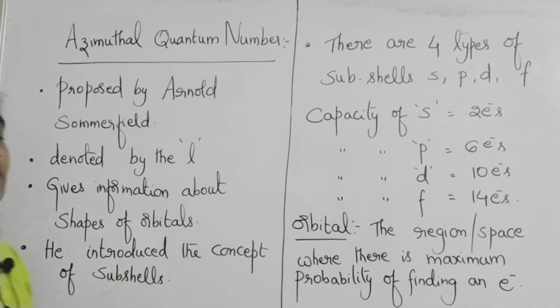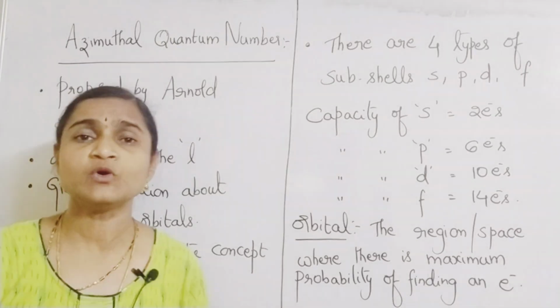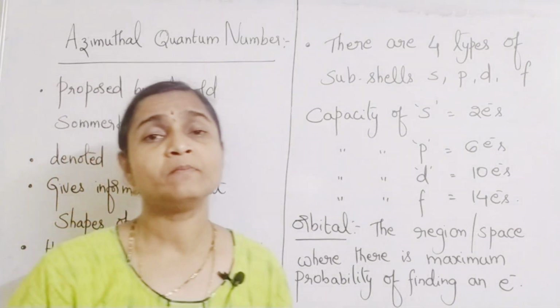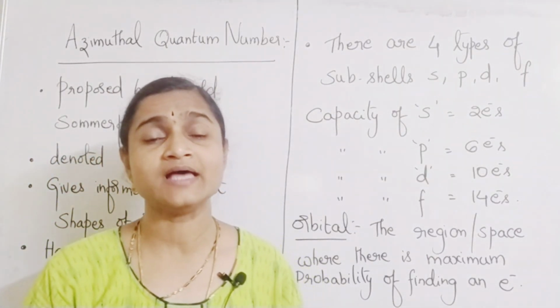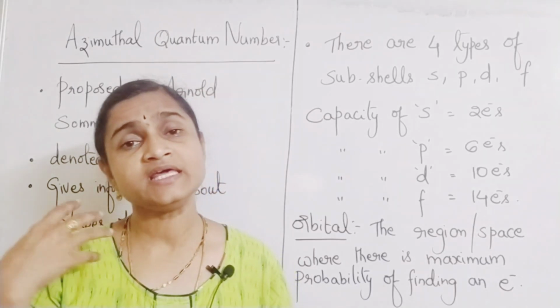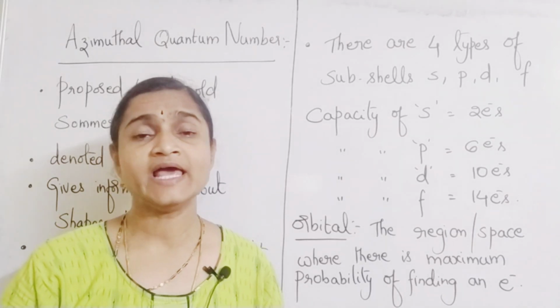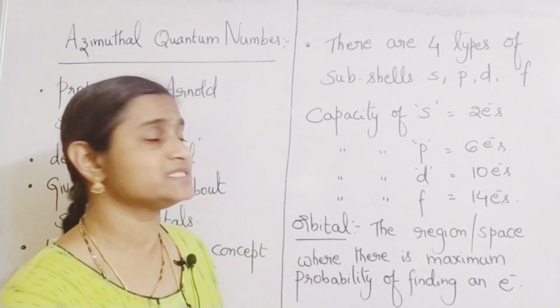Arnold Sommerfeld introduced the concept of subshells. Niels Bohr told only about shells, but Arnold Sommerfeld introduced subshells, and each shell is further divided into subshells. s, p, d, f, four types of subshells are there.